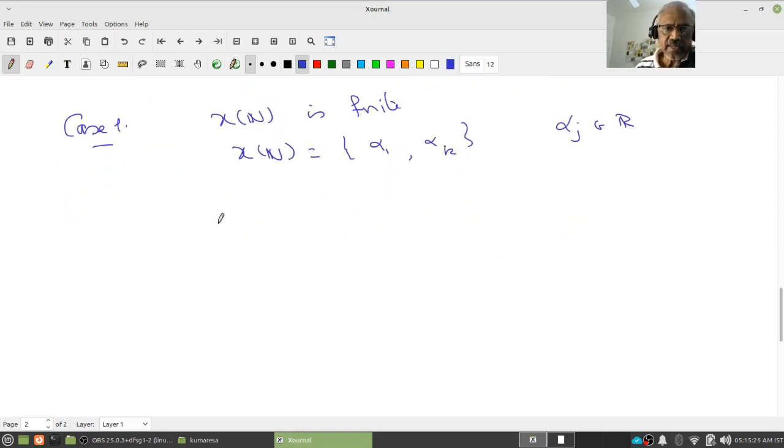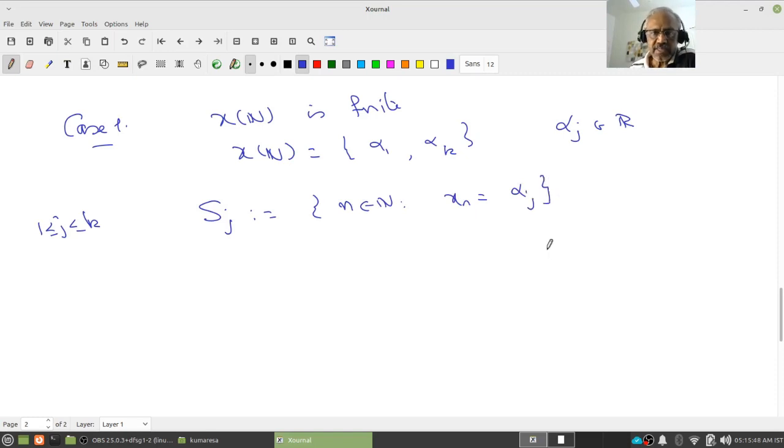Now let us look at the sets S_j for 1 less than or equal to j less than or equal to k. Let S_j be the set of n, the natural numbers, so that x_n, that is the nth term of the sequence, is alpha j.